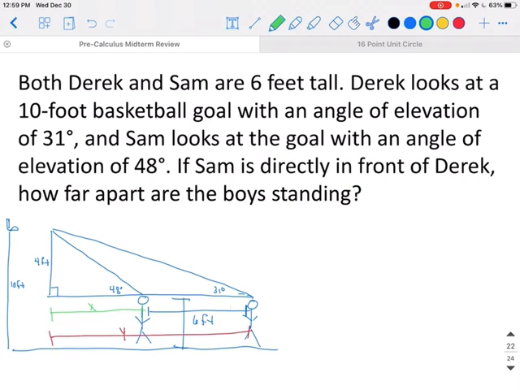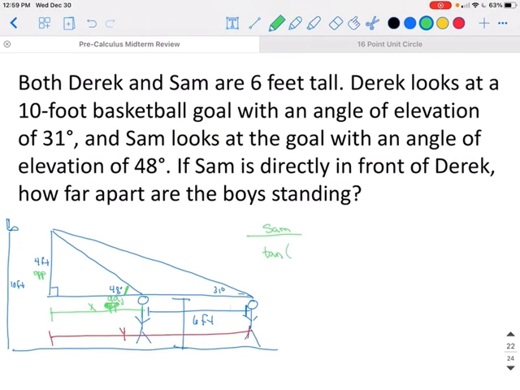Now because this is my angle, this side is between the angle and the 90, so it's my adjacent side. This side is across from the angle, across from the angle is the opposite. Between the angle and the 90 is our adjacent side. So this means we are going to use our tangent function.